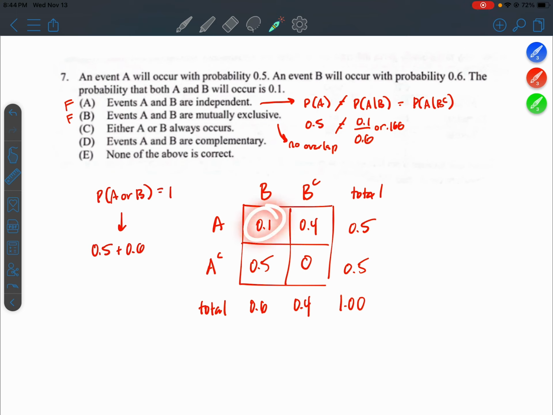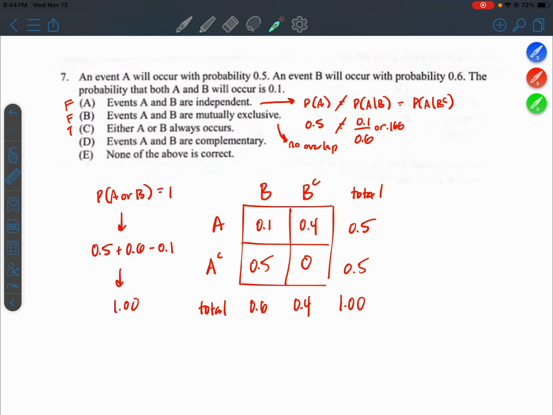Again, we know there's overlap, so we need to adjust for that. Subtract the 10% of the double counts, and hey, that does equal 100%. So that statement is true. You can also see here that there's a 0% chance of A and B both not happening, which means one or the other is always going to happen.